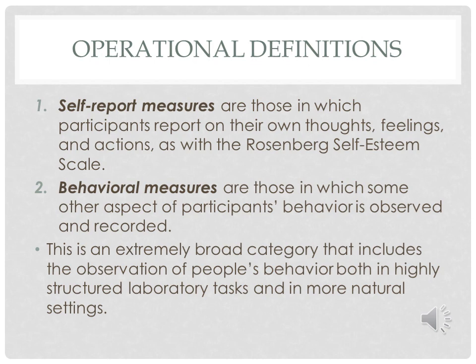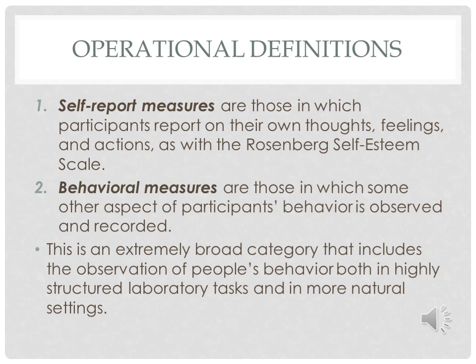This is an extremely broad category that includes the observation of people's behavior both in highly structured laboratory tasks and in more natural settings. So people's behavior can be observed in structured laboratory settings as well as in natural settings.